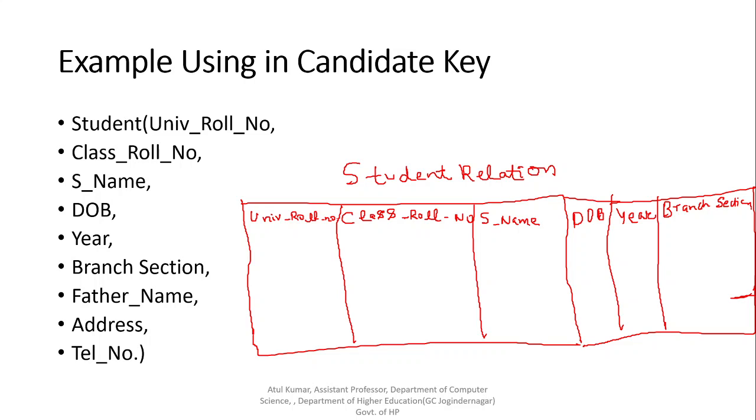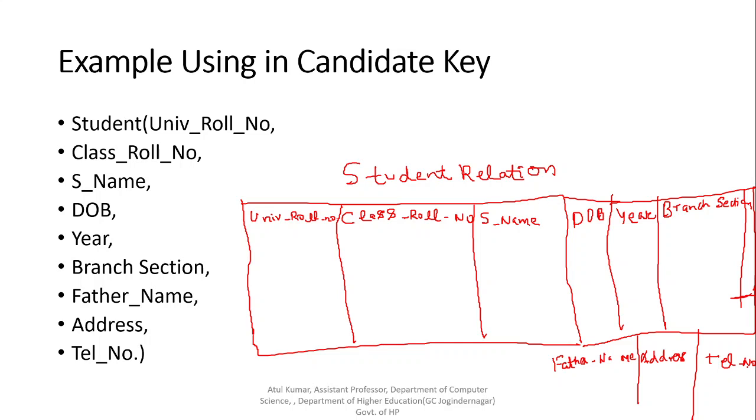The next attribute is father name, and next is address. The next attribute is telephone number.